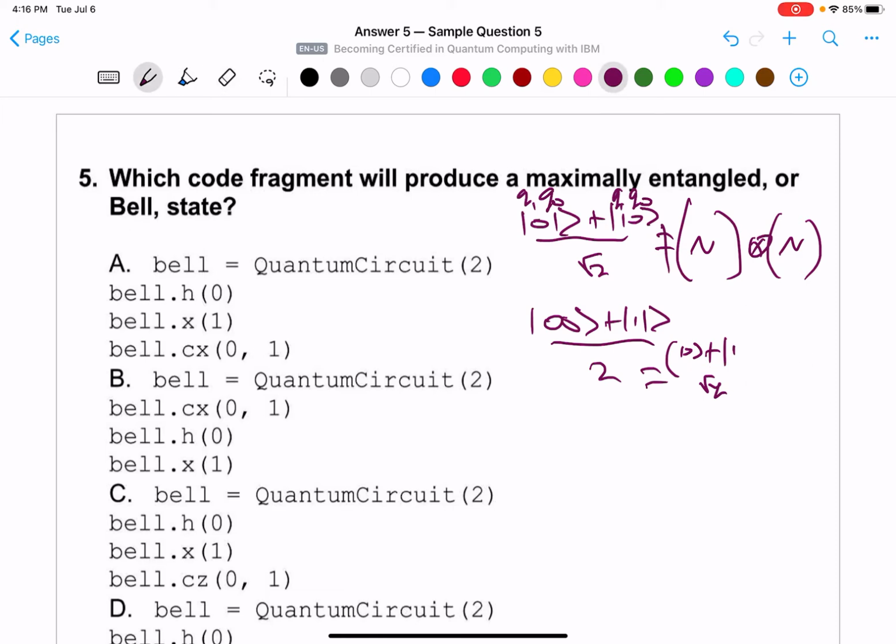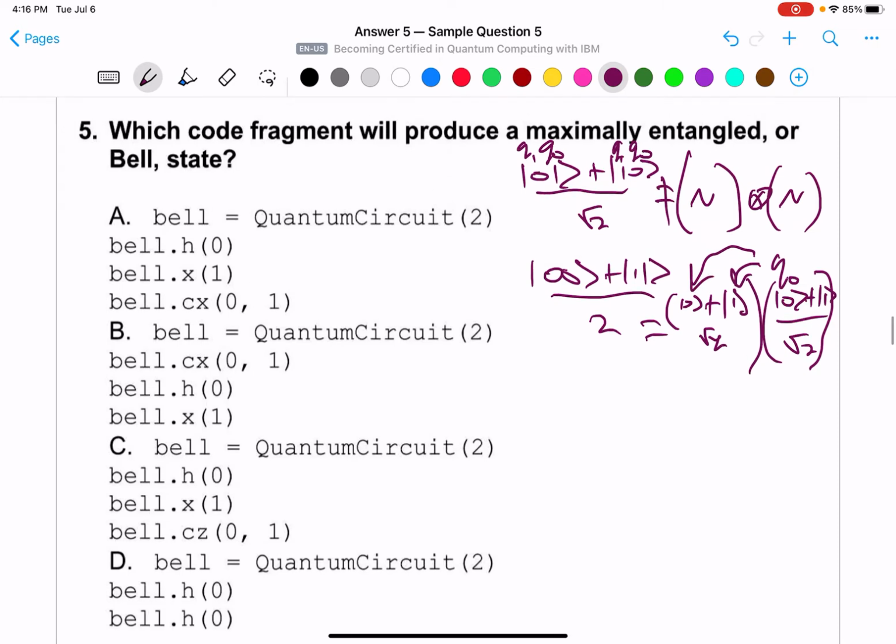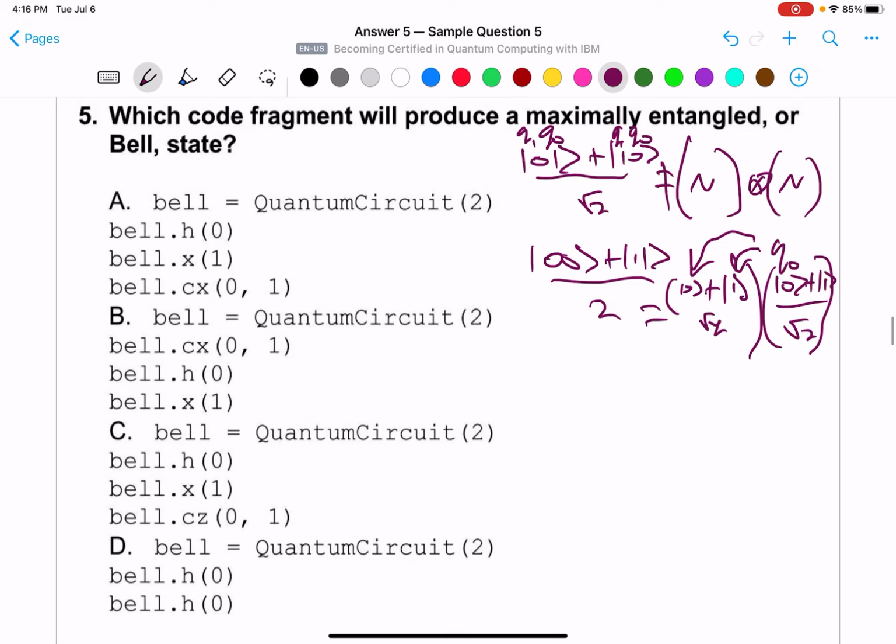So because it can be written as the tensor product of 2 separate quantum states, it is not maximally entangled. Knowing that Q0 is a 0 does not tell us if Q1 is a 0 or a 1. And so we're going to figure out which of these A through D gives a final quantum state that is maximally entangled, that cannot be written as a tensor product.